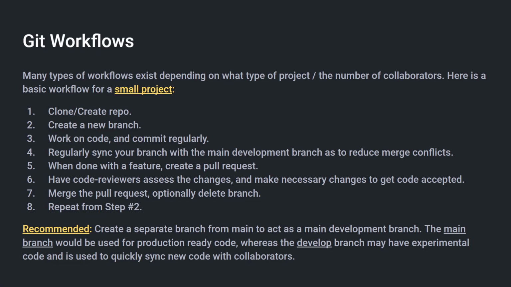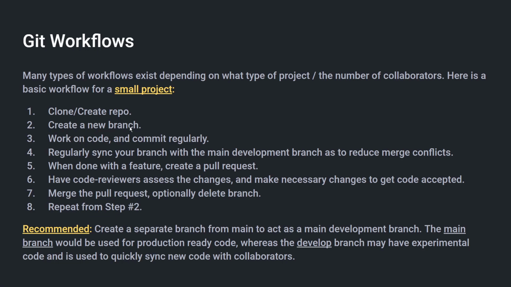And then when you're done with a feature, you're going to be creating a pull request, which again is a request to merge your changes. You're going to have code reviewers assess the changes and make necessary changes, and you're going to make the necessary changes to get the code accepted. And then finally, the code reviewer is going to merge the pull request. And optionally, you can delete the branch as well. And then you would repeat from step 2, which is create a new branch.